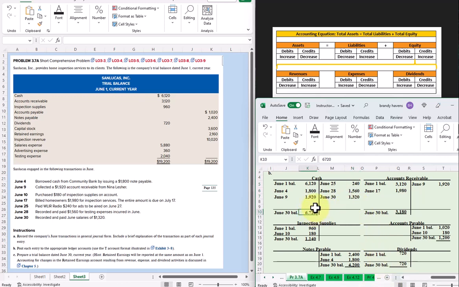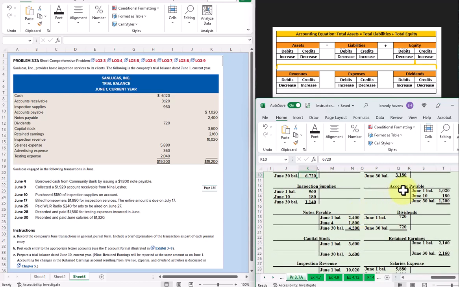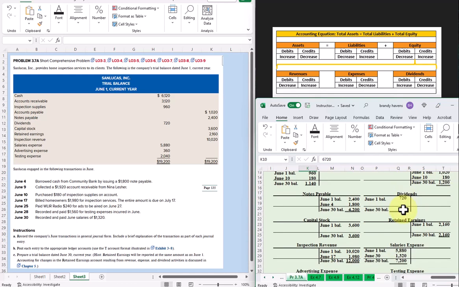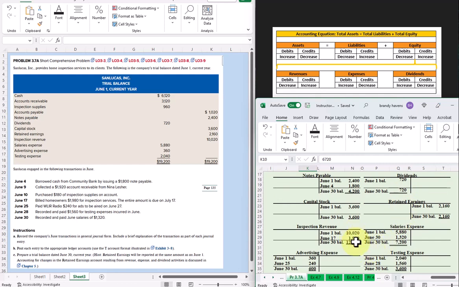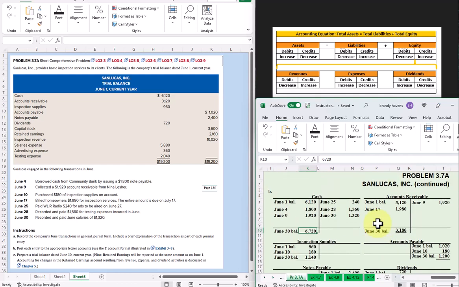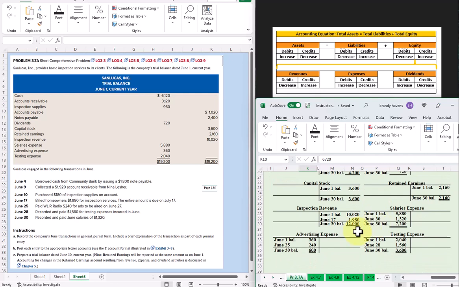The net of those two is going to be $67.20. And the debits are higher, so it's a debit balance of $6,720. Now, you'll notice over here in accounts that carry a credit balance, we're going to have a credit balance, like accounts payable. You'll also see that with revenues. So basically, once we've posted all of the transactions, we can compute our ending balance.